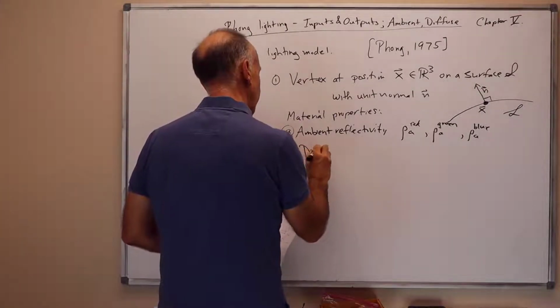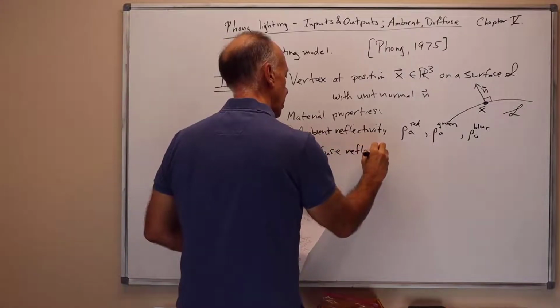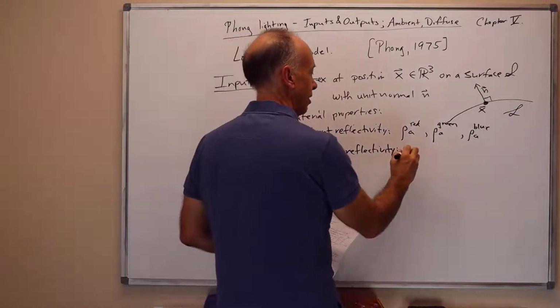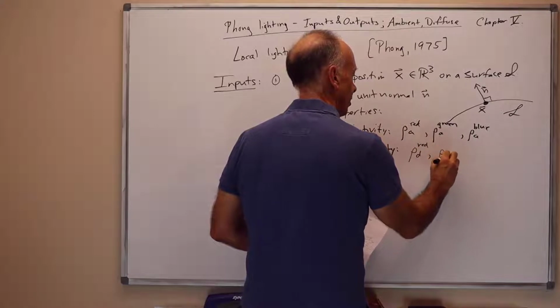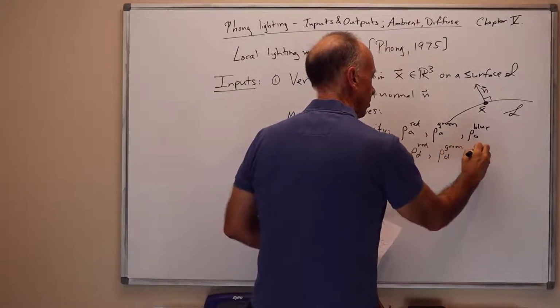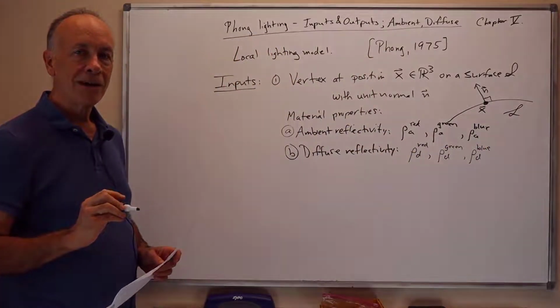We'll have diffuse reflectivity coefficients. And this is the amount of diffuse light that's reflected. And these are called rho D red, rho D green, and rho D blue. The use of three colors is a little bit arbitrary, but it's common practice.